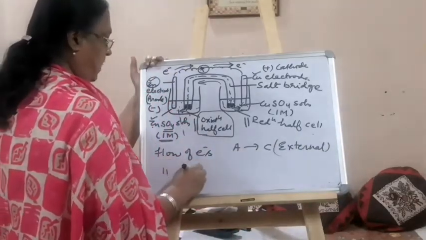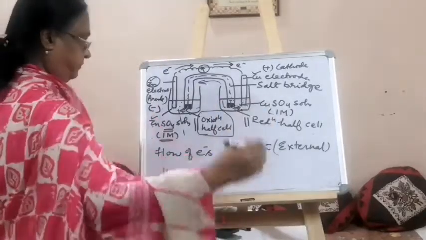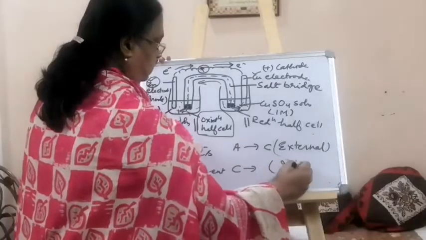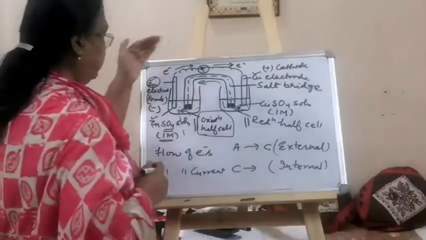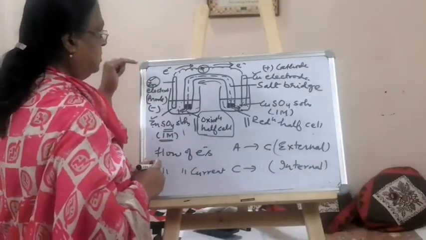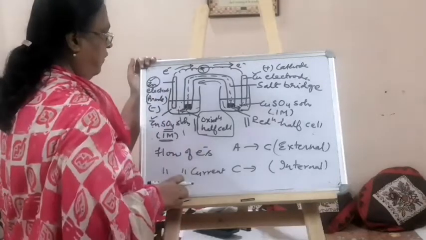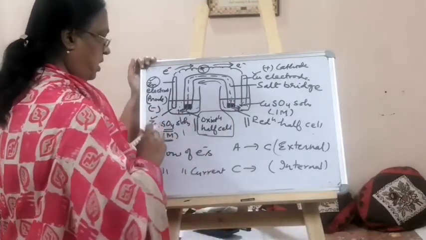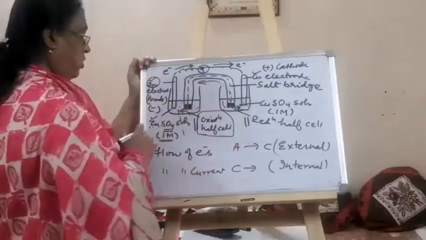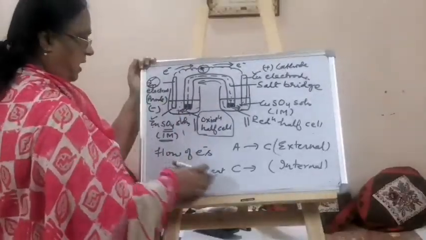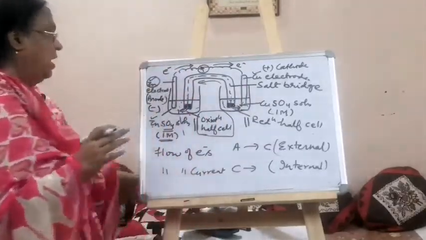Then flow of current is taking place from cathode to anode internally. So in the external circuit, electrons will flow from zinc to copper electrode, and current will flow from copper sulfate solution to the zinc sulfate solution, from copper ion to zinc ion, or from reduction half cell to oxidation half cell. Current will flow, and electrons will flow from oxidation half cell to the reduction half cell.